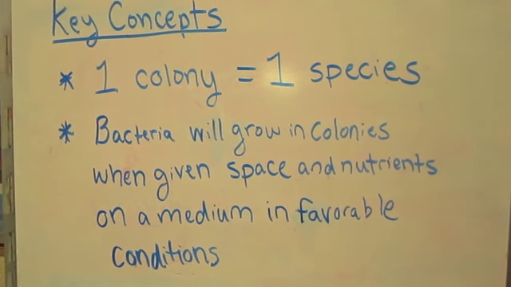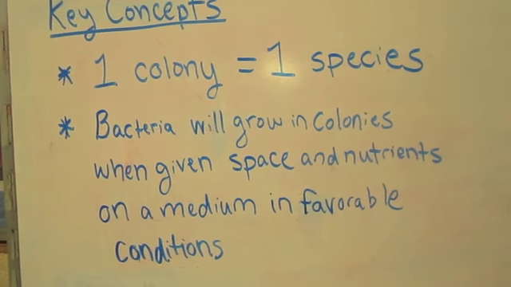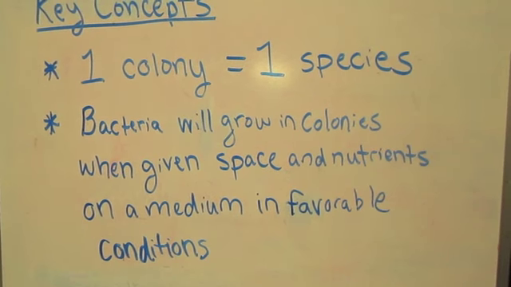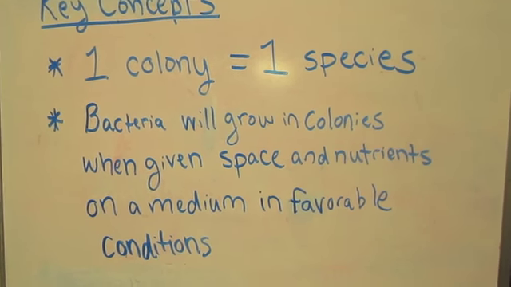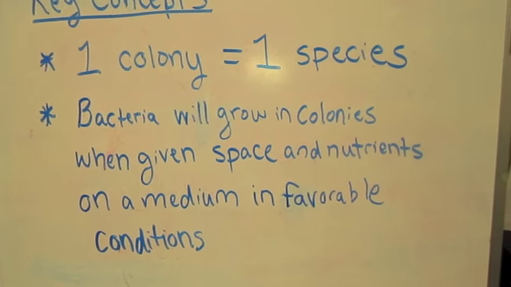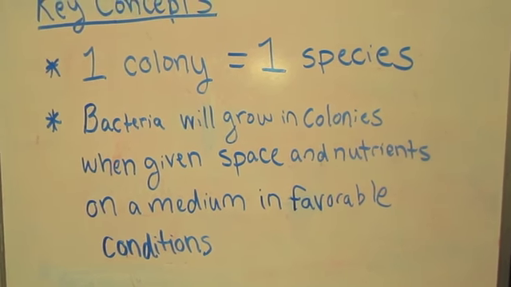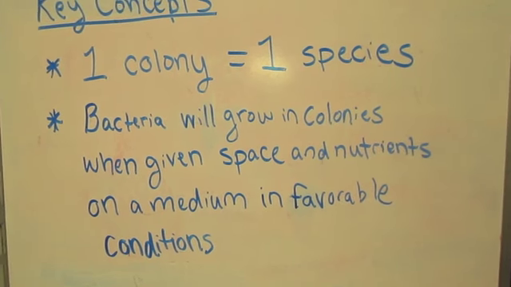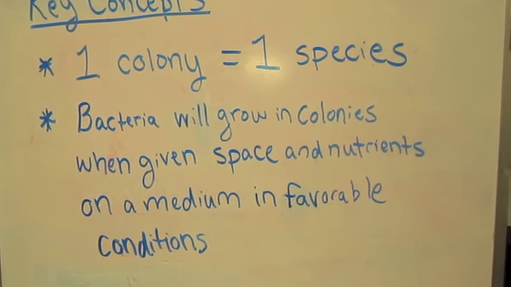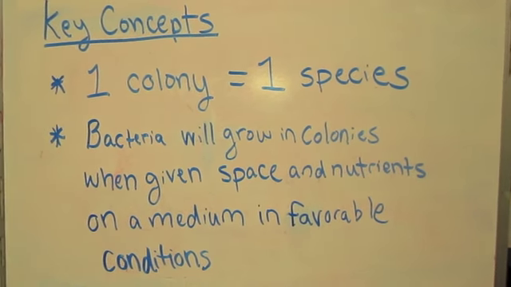More importantly, it is important to remember that bacteria grow in colonies when given adequate space and nutrients, and when they are grown on a medium with the nutrients in a favorable environment with proper conditions that will promote their growth.